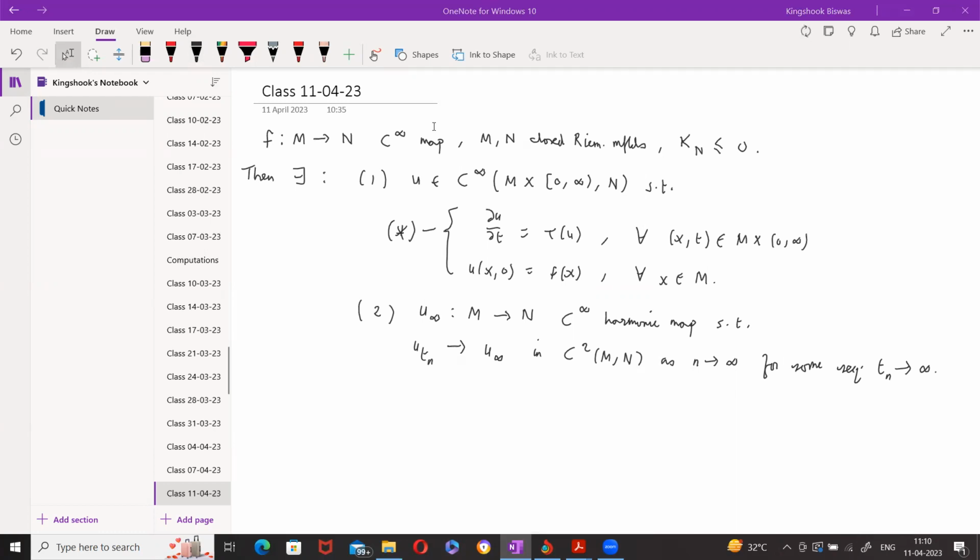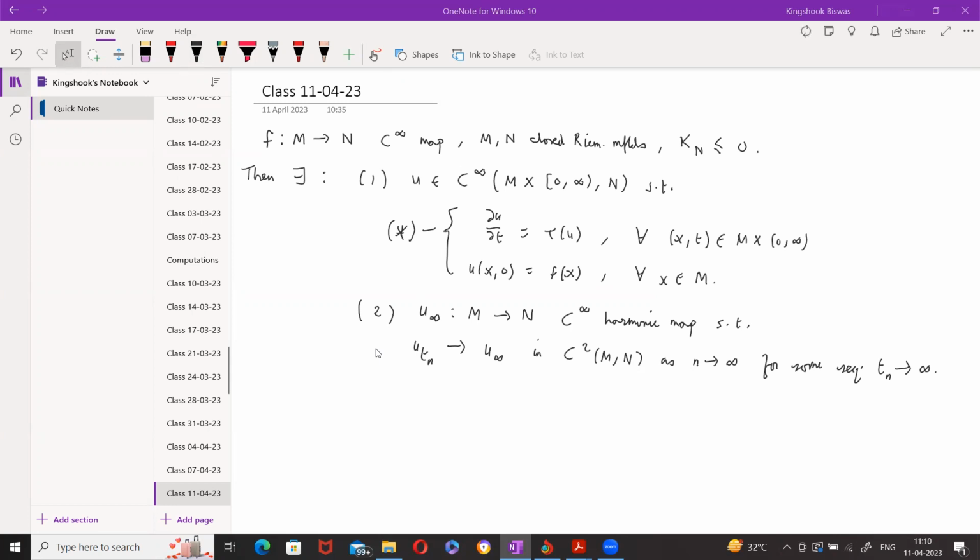All right. So today what we'll show is that, so we have convergence of a sequence U of Tn to a harmonic map U infinity.